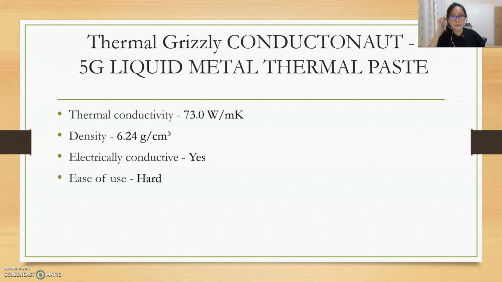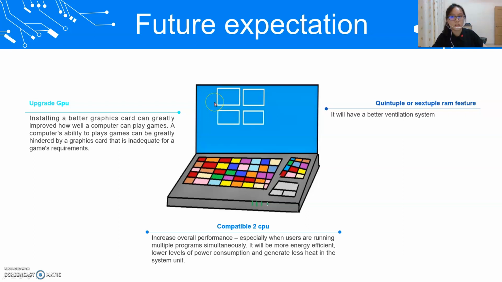For this thermal paste, the thermal conductivity is 73.0 watts per meter Kelvin, and the density is 6.24 grams per cubic centimeter, and it can conduct electricity, and the ease of use is hard. So that's all the specifications that we use in our dream PC.